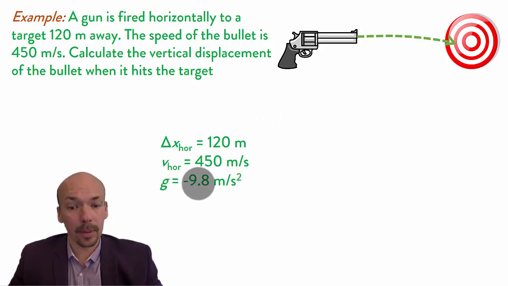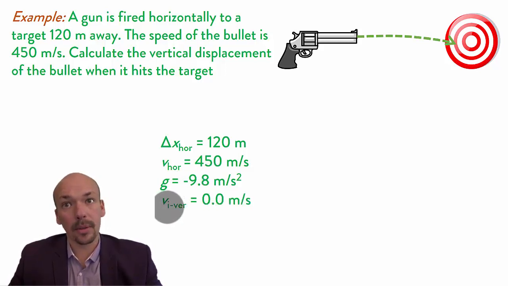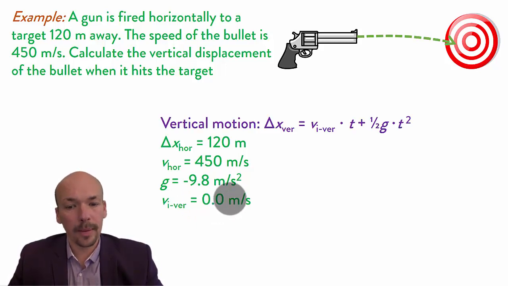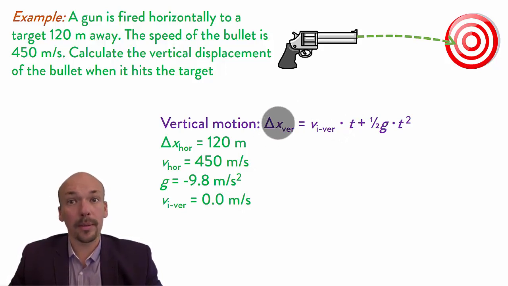So first we have the horizontal displacement, we have the horizontal speed, and we have the gravitational acceleration, which is minus 9.8 meters per second squared. And we have the initial vertical velocity, which is 0.0 meters per second because the gun was fired horizontally. We have to use this equation to find this vertical displacement, and therefore we need the time. So we need to know how long this bullet traveled.